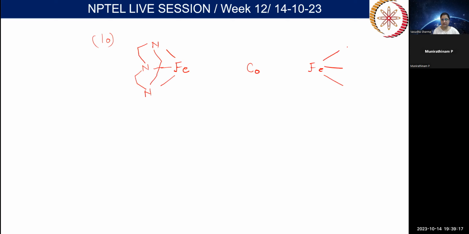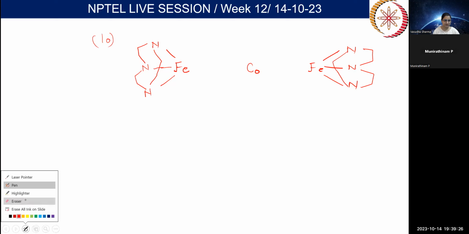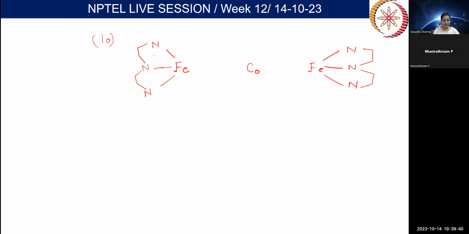Similarly here, both the irons are in the same environment.